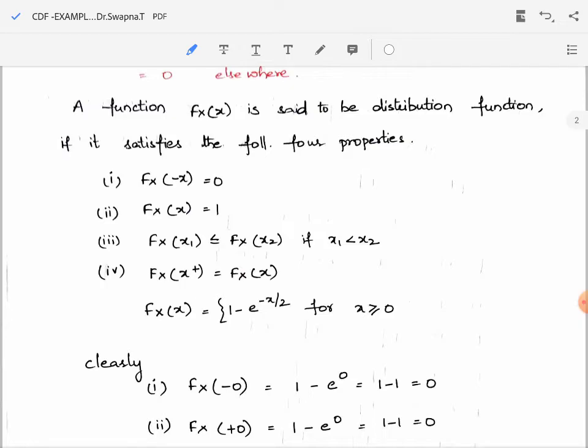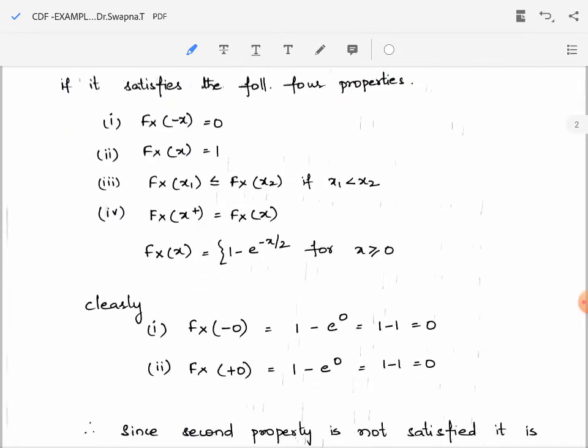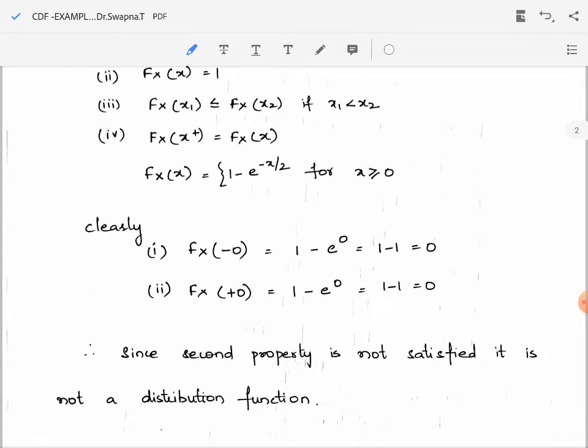And when you go with the second property, Fx of plus 0 is equal to 1 minus e power, the same e power 0. So 1 minus 1 equal to 0. So clearly this function is not satisfying the second property. Because it is not satisfying the second property, it is not a distribution function.